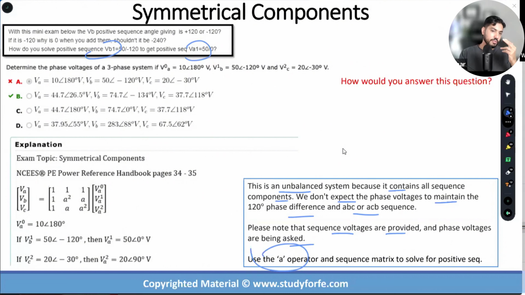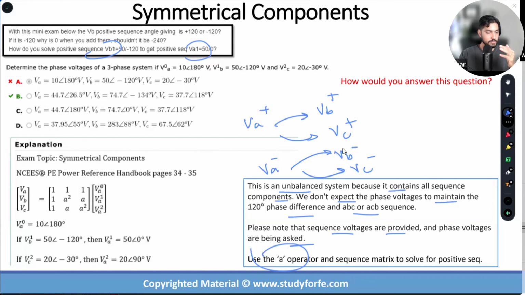Similarly, if you're given the phase A positive sequence, that is all you need in order to calculate phase B positive sequence and phase C positive sequence, correct? If you're given phase A negative sequence, you can calculate phase B negative sequence and phase C negative sequence by making use of the A operator, okay? And as far as the zero sequence components are concerned, they are always equal.